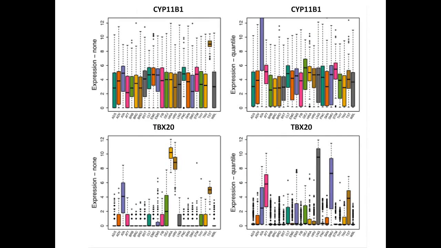We can ignore these top two plots. Instead, let's look at the bottom two. What happens also with quantile normalization, here are two examples where here on the left we have no normalization, and we see TBX20.